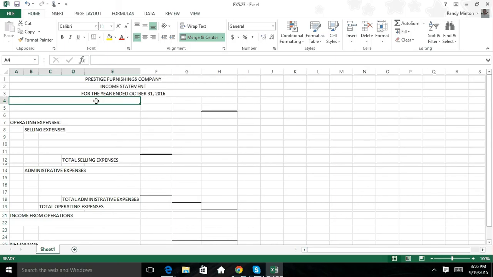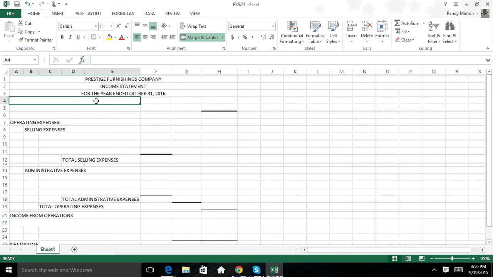Office supplies, that's an asset, goes on the balance sheet. Retained earnings, of course, goes in the stockholders' equity section of the balance sheet. Salaries payable is another liability. Sales, of course, is an income statement item. That's your revenue stream. Selling expenses, again, expenses go on the income statement, and store supplies go on the balance sheet.